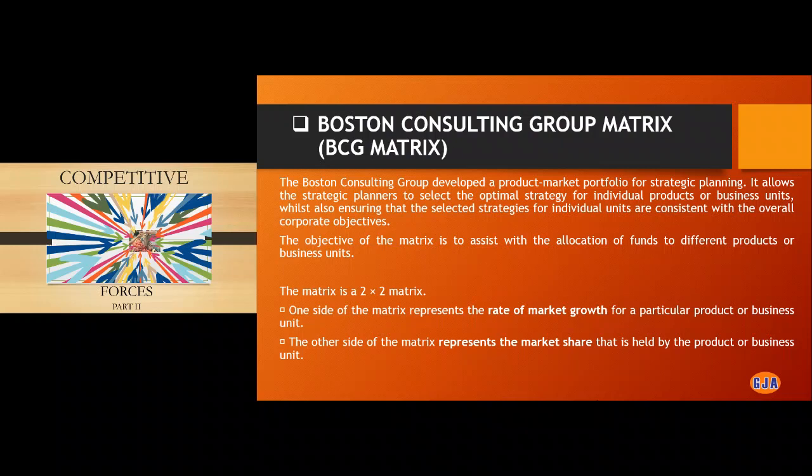So this is what Boston Consulting Group tried to resolve, and we shall be considering the BCG matrix under the categories of the stars, that is products that are stars. How should we manage them?